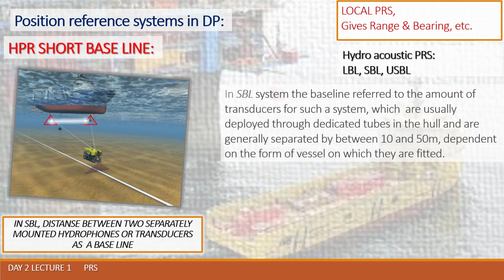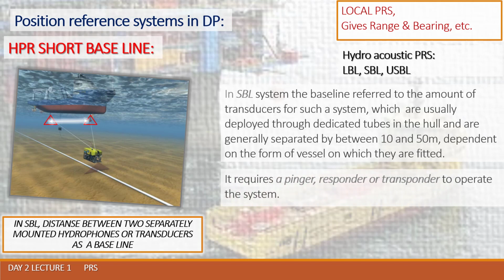This type of system requires a ping responder or transponder to operate. So, the conclusion from this statement is that only one beacon is needed at the sea bottom when you use a short baseline system for determination of the vessel's relative position.